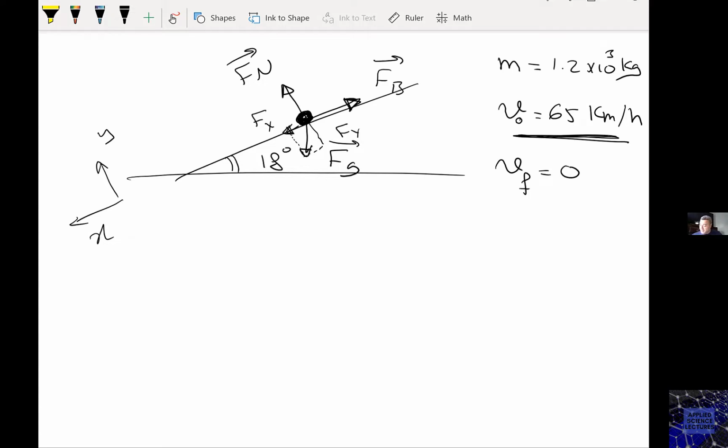So in this case, I know the initial velocity, which is 65 kilometers per hour. Final is 0.